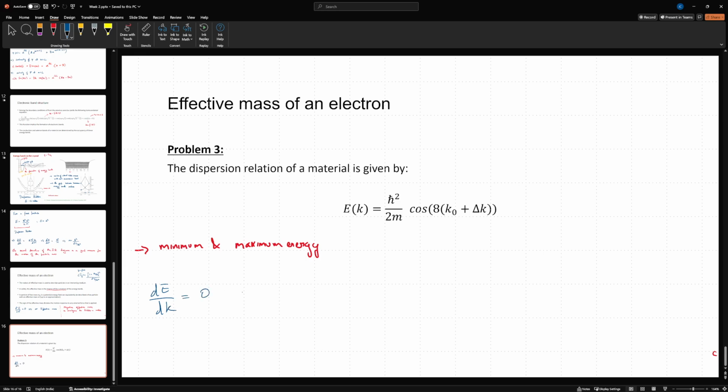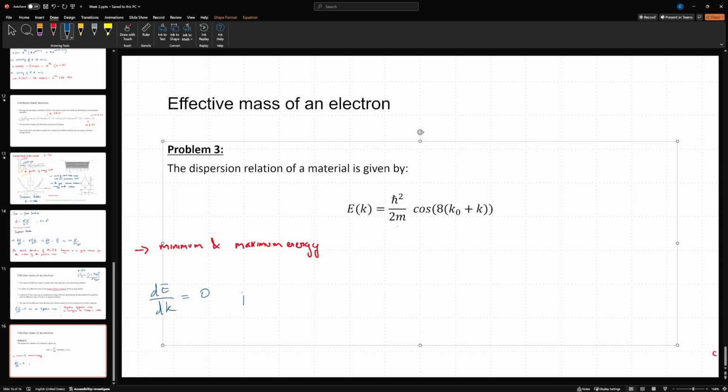So that is going to give us 8 as the multiplicative factor. I should have written this as not Δk but k, so k₀ plus k. Now it is correct.